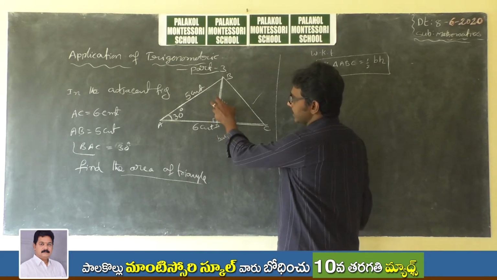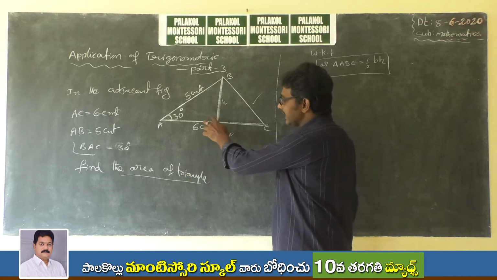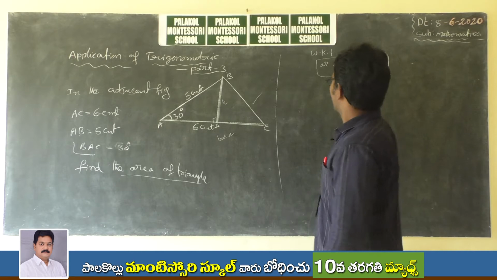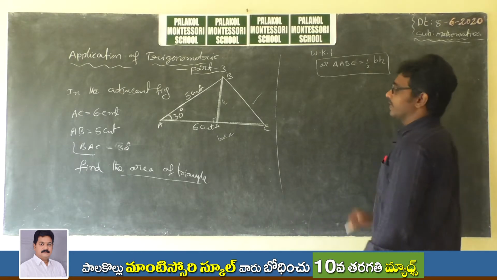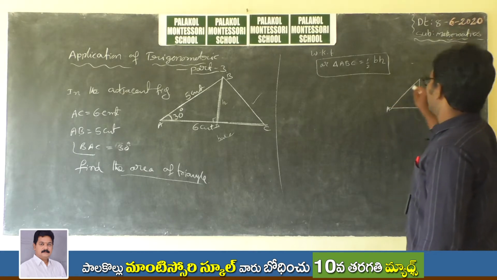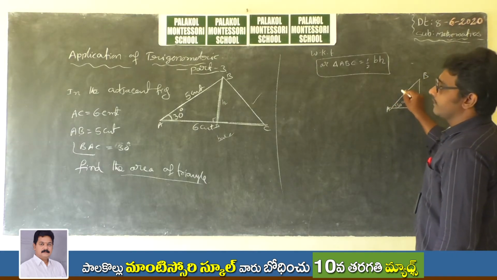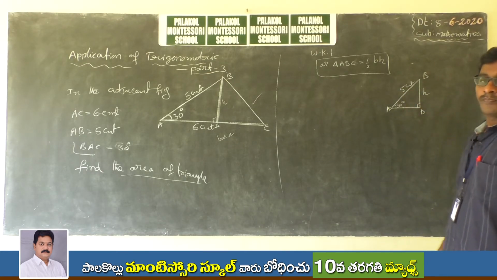When you draw the perpendicular to the base, it definitely makes a right angle triangle. Now first I take that new right angle triangle, named ABD. This makes 30 degrees, this is 5 centimeters, and this is H centimeters.